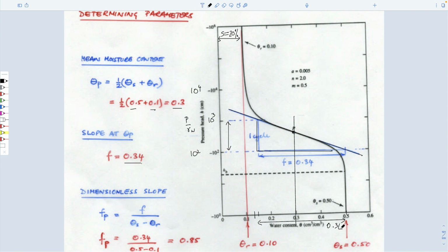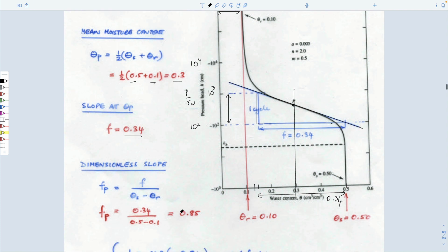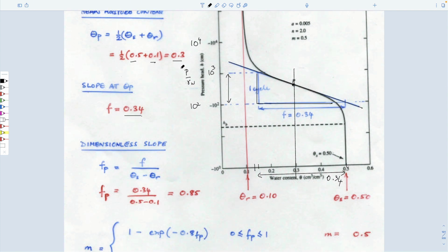I realize I'm doing a lot of scribbling on this. Then take the ratio of this average content and the slope, which are these two variables here. So it's 0.34 divided by 0.4, which is 0.85.